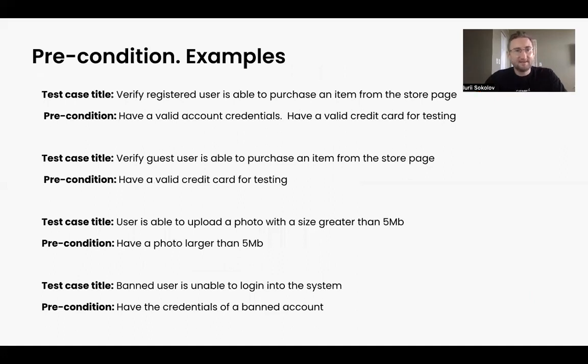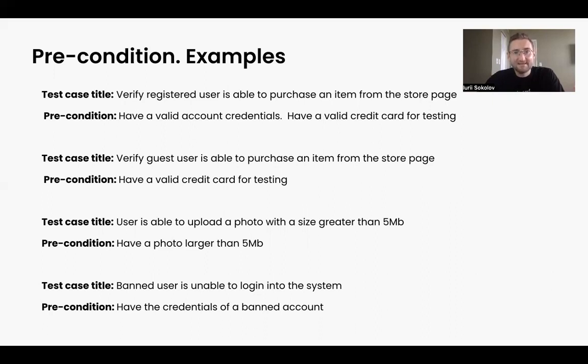Let's take a look at some pretty good examples of the use of a precondition field. I'm going to read the test case title and I'm going to read the precondition. Verify registered user is able to purchase an item from the store page. So by reading this title, we can already see that we will need some form of account credentials for a registered user, right?